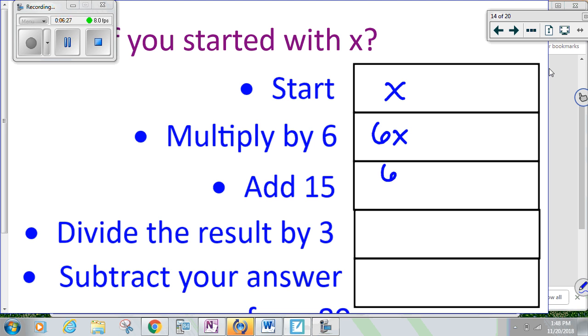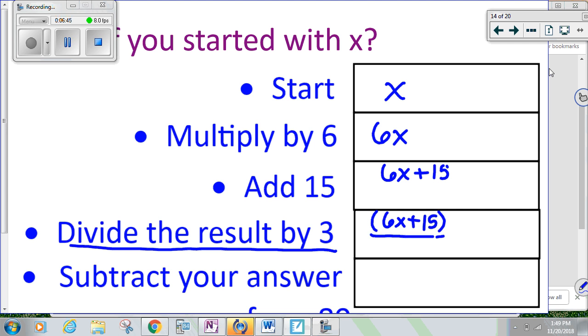I'm going to add 15 to that, so 6x plus 15. I'm going to go ahead and put that in parentheses in my next step when I divide the result by 3. Those parentheses just remind me that I have to do that before I divide by 3.